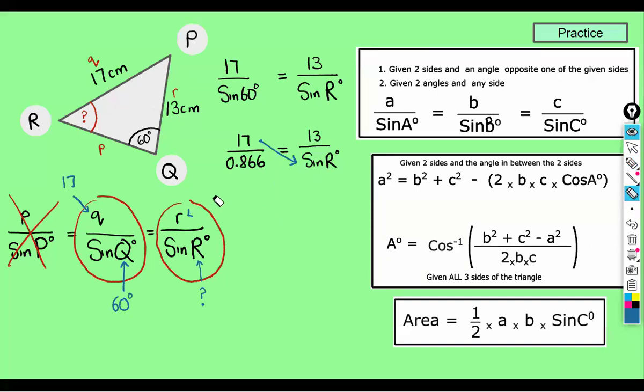So 17 by sine R is 17 multiplied by sine R. You can't really do much there. And then it's equal to 13 by 0.866. 13 multiplied by 0.866, I'm getting 11.258.